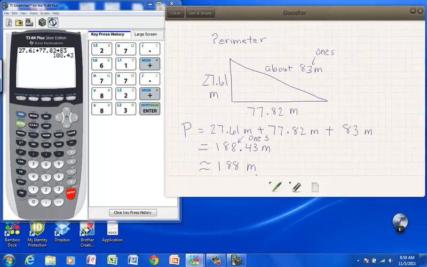So again, if you had a rounding or a place value comment, it's because when you're doing perimeter, we don't use the significant digits, but we do use place value to round to, because this last place up here is where we're a little uncertain. One person might have measured it as 83, somebody else as 82, somebody else as 84. So the questionable part is in this last place only.